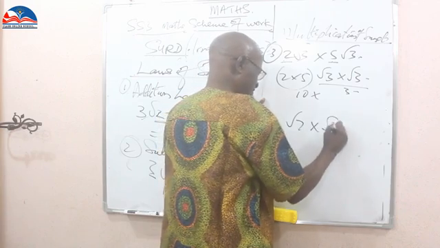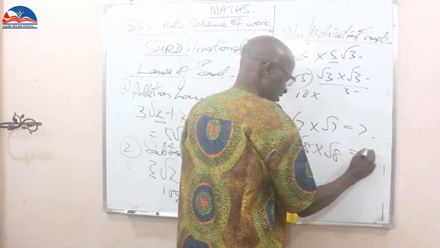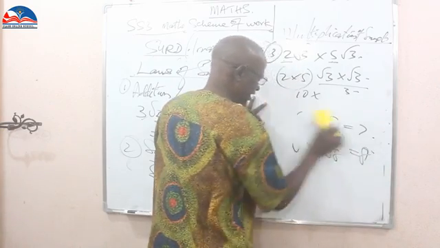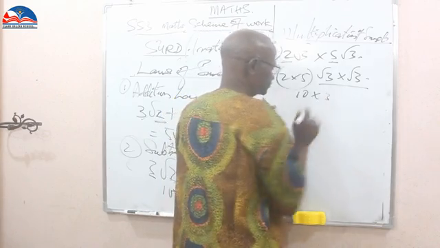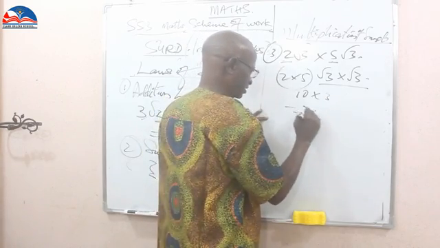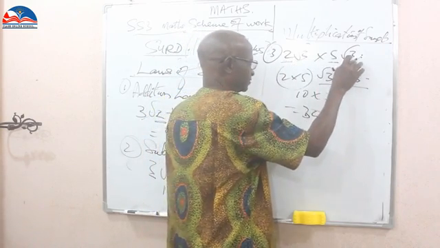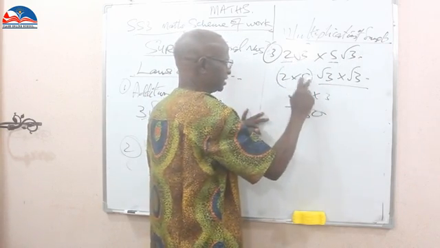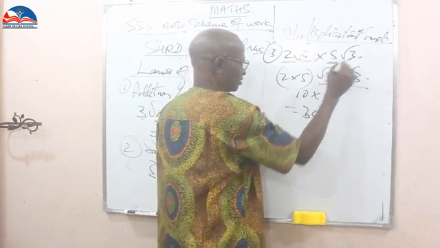Root 7 times root 7 is 7. Root 8 times root 8 is ordinary 8. So here root 3 times root 3 is 3, and this turns out to be 10 times 3, which equals 30.